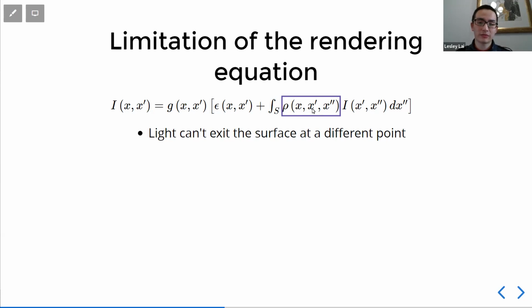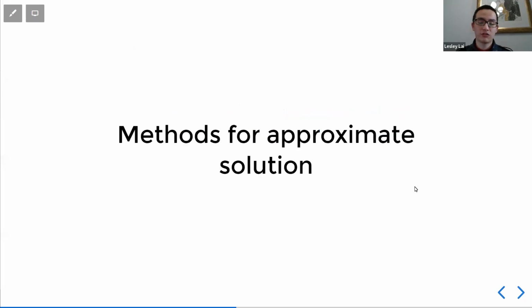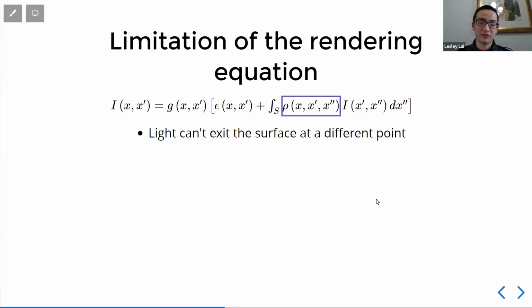We don't consider the possibility of light entering the surface and then scattering inside the surface and coming out from a different point. So we can't do subsurface scattering with this representation.